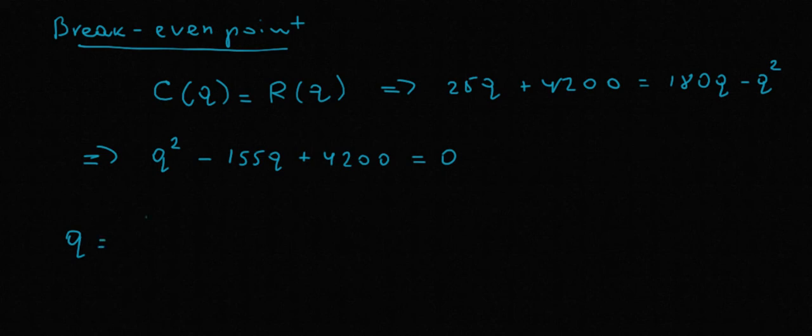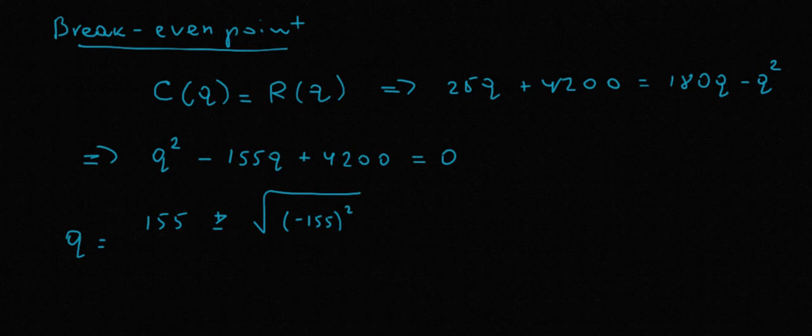So Q will equal minus B, 155, plus or minus the square root of B squared, so negative 155 squared.